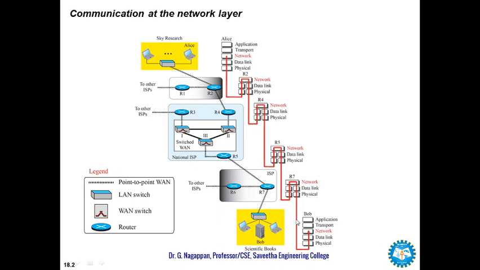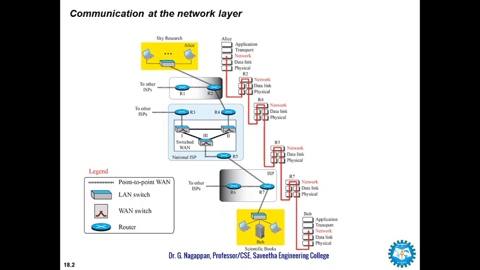On the destination side, the frame received at the data link layer is removed to get the datagram, and that is given to the network layer where decapsulation occurs, and the payload is passed on to the upper transport layer.